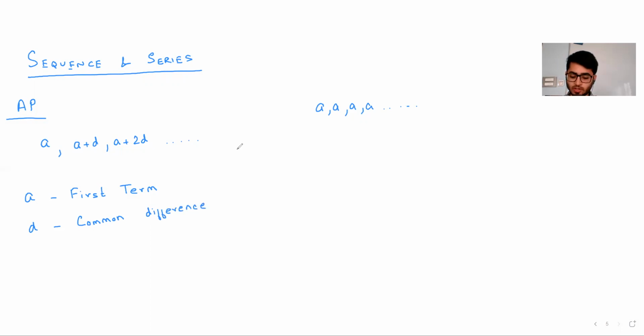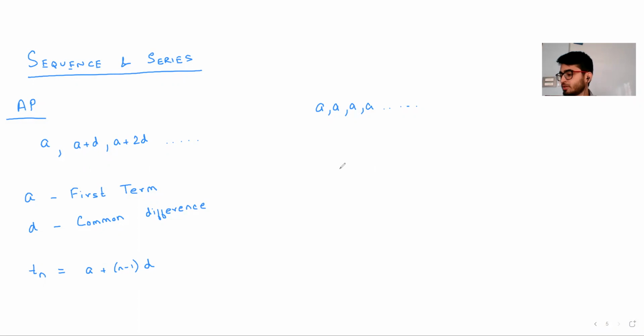Now, if I want the nth term, where Tn means the nth term of this particular series, then the formula for this is a plus n minus 1 into d. Again, how do we get this? It's very simple.